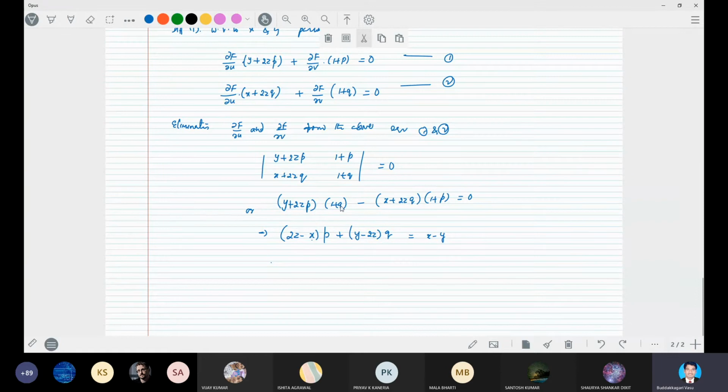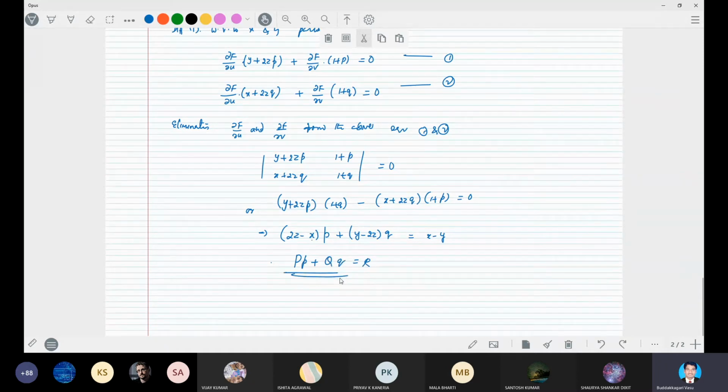Next q terms, q into y, q into minus 2z, so y minus 2z. Okay, this 2z pq plus 2z pq minus 2z pq will be cancelled. Then here minus x, here plus y is there, that will go to the RHS as x minus y. Okay, this is of the form capital P into small p plus capital Q into small q is equal to R.